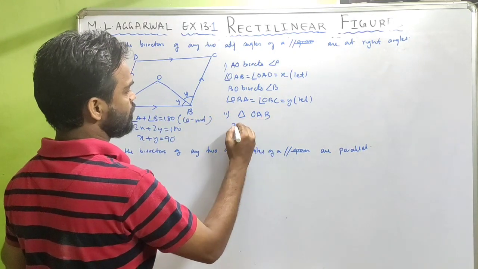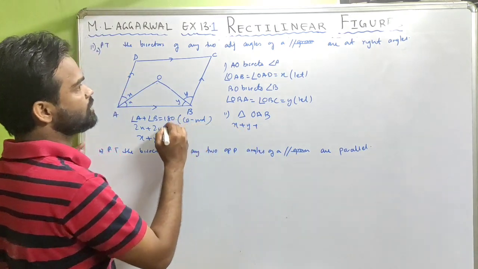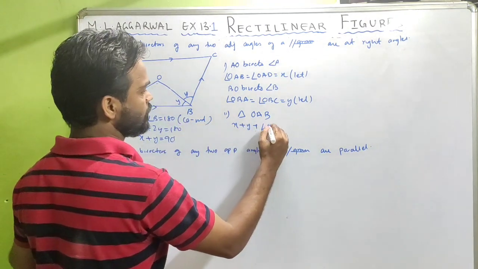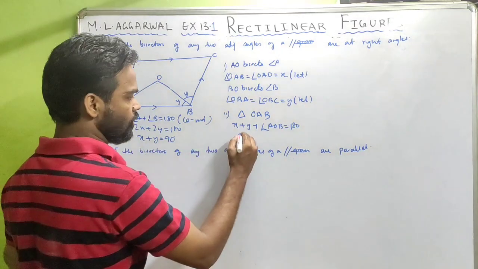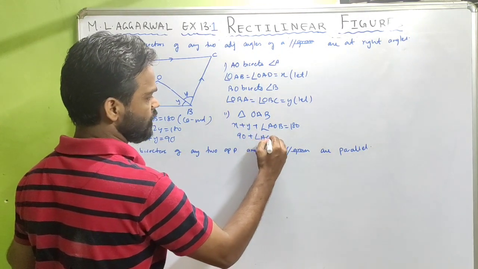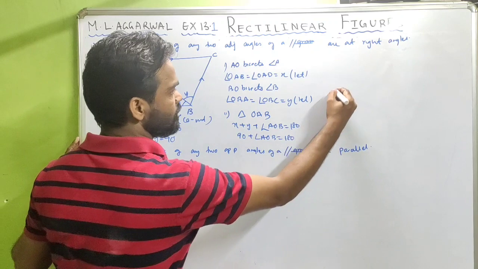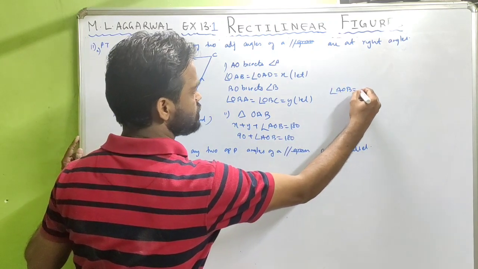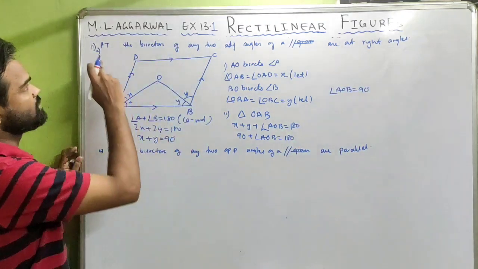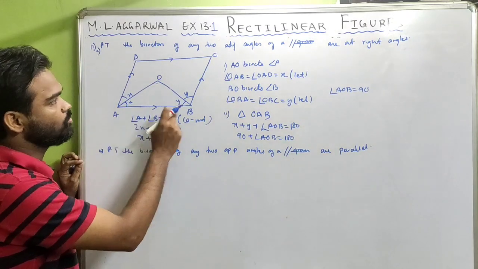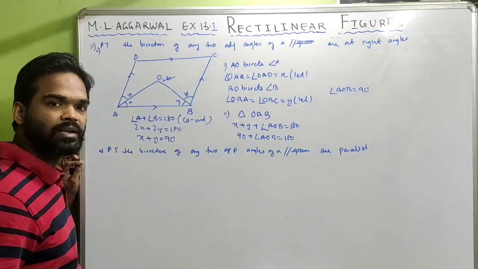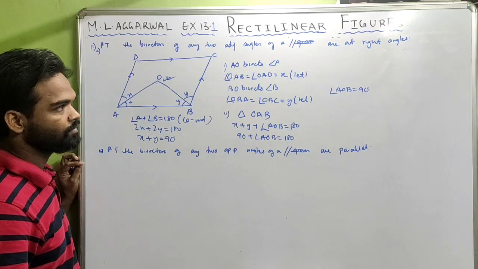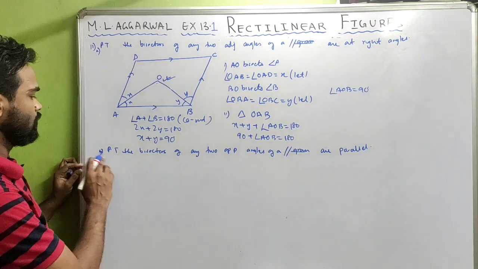X plus y plus angle AOB is 180. Now x plus y is 90, we already know. Plus angle AOB is 180, which means angle AOB is 90 degrees, which means the bisectors of any two adjacent angles of a parallelogram are at right angles. Done.